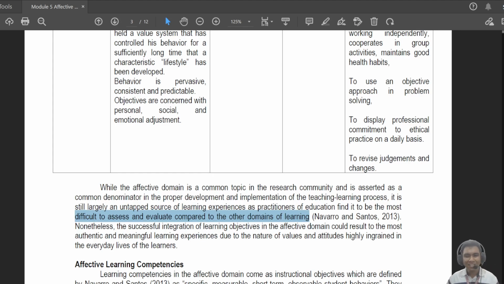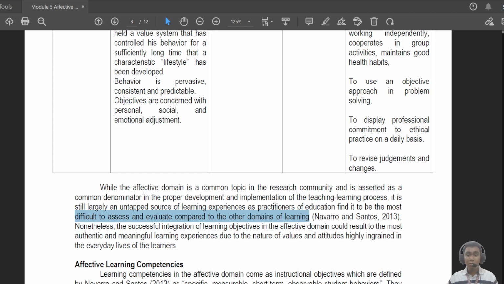Again, we also have to note na hindi po natin sinasama yung development ng affective domain sa grades ng learners. Okay? So, ang sinasama natin doon yung cognitive and psychomotor. Okay? Yung mga performance assessment nila, mga cognitive assessment nila. Ang affective assessment, hindi po siya sinasama sa summative grades or sa summative assessment. But, we acknowledge its importance in the holistic development of learners.